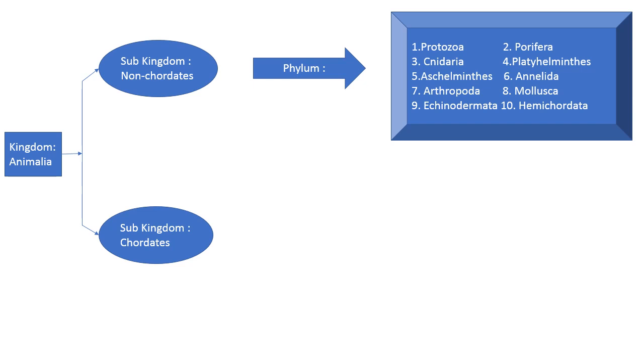So these are the 10 phylums for the subkingdom non-chordates. Means whatever animals belong to these 10 phylums, there will be absence of a notochord.